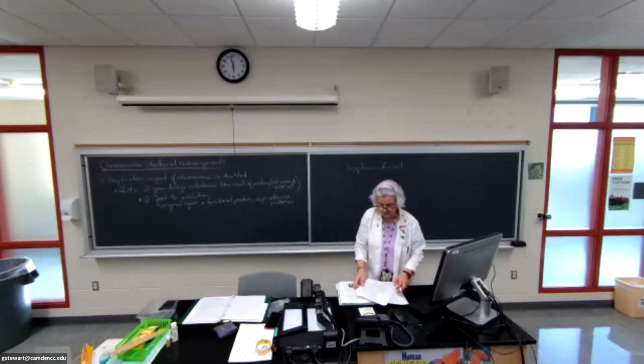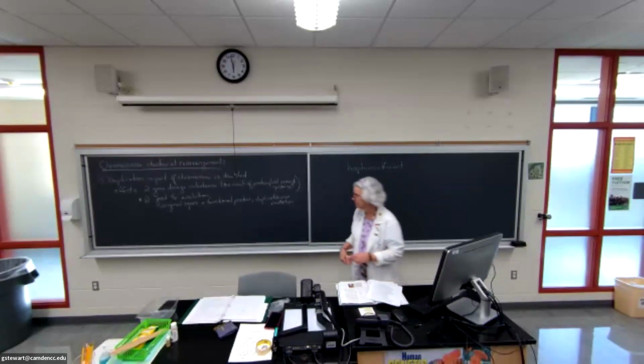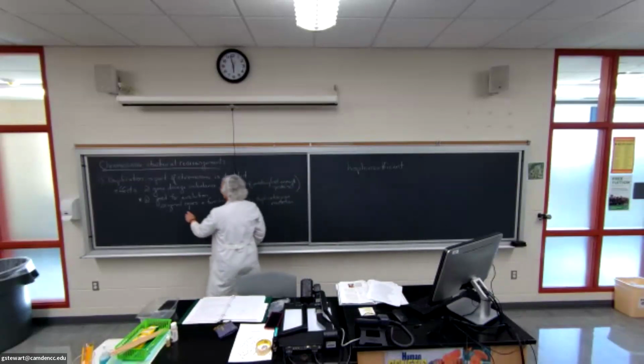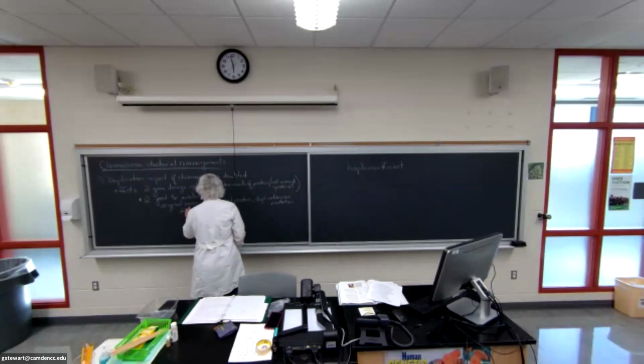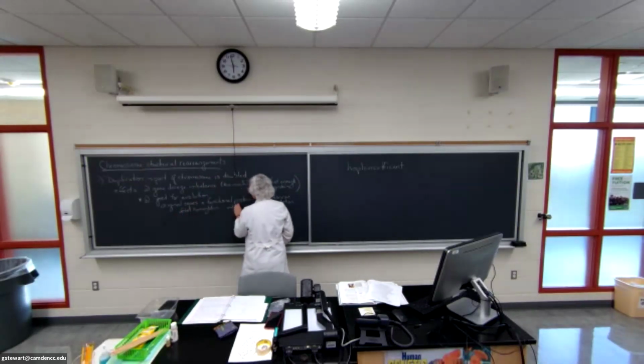The example that I have is the globin genes, meaning fetal hemoglobin versus adult hemoglobin.